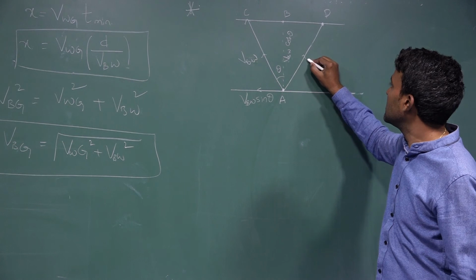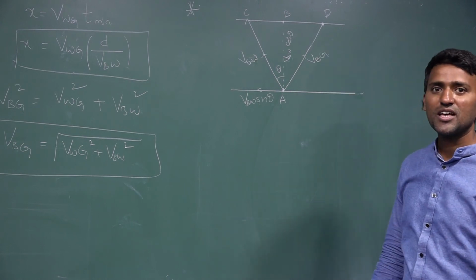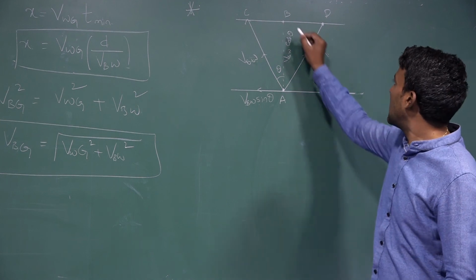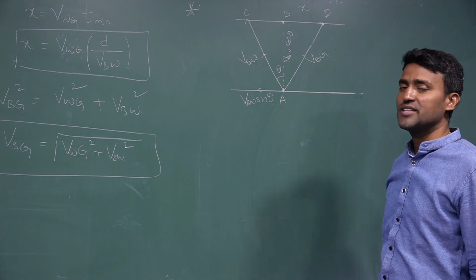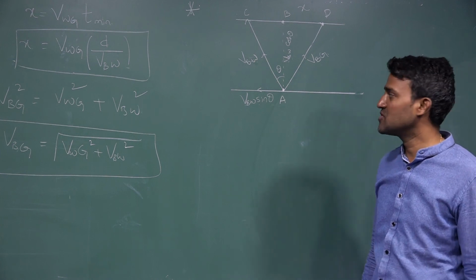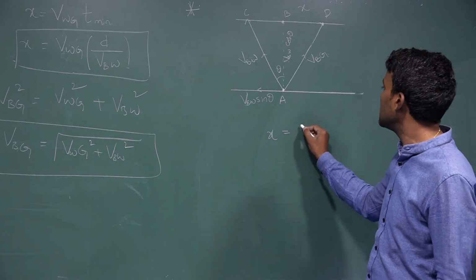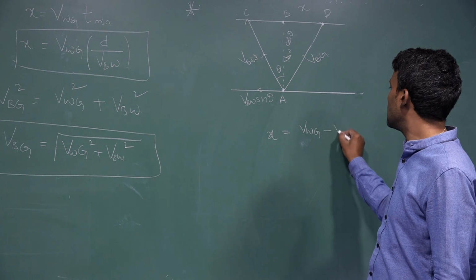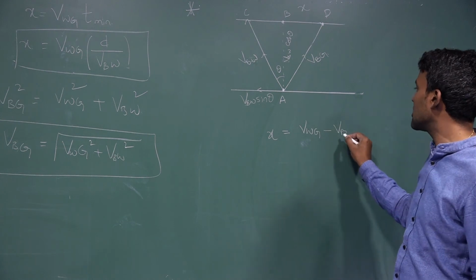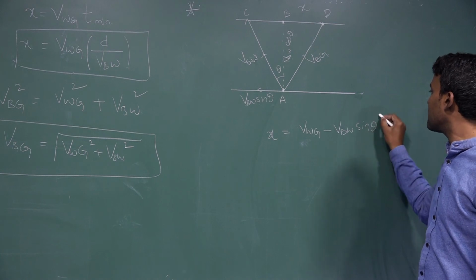This one is the velocity of the boat with respect to ground, and this BD we are writing as the distance, drift D. If we take drift D, then x is equal to velocity of the water with respect to ground minus velocity of the boat with respect to water sin theta, into time.